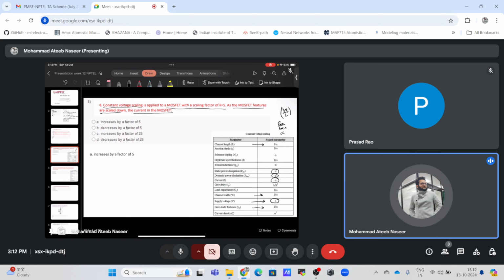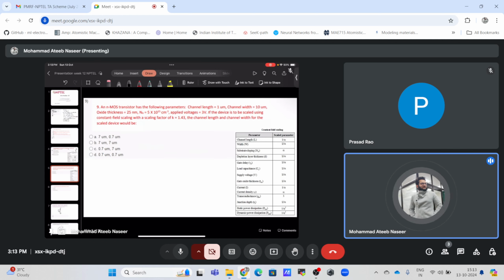So the current in the device has increased by a factor of 5, because we scaled all the dimensions by 5. That is, we used the scaling factor of 5. So option A is the correct option.